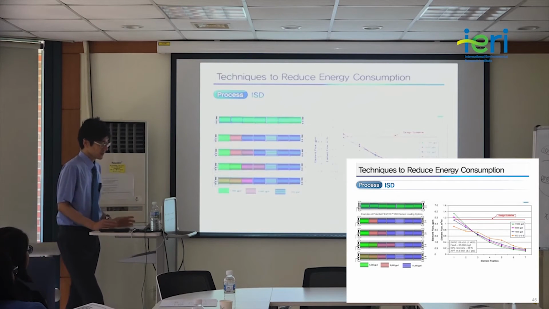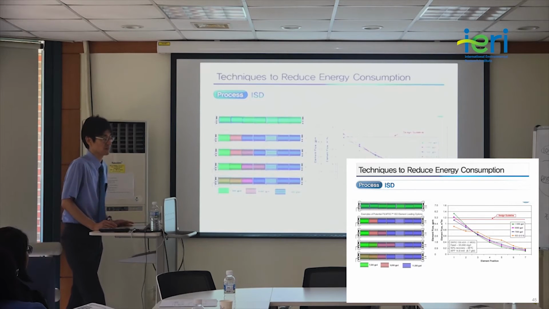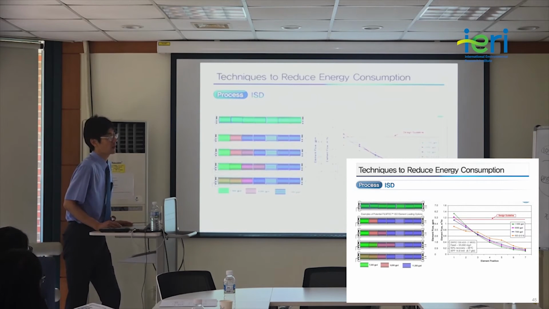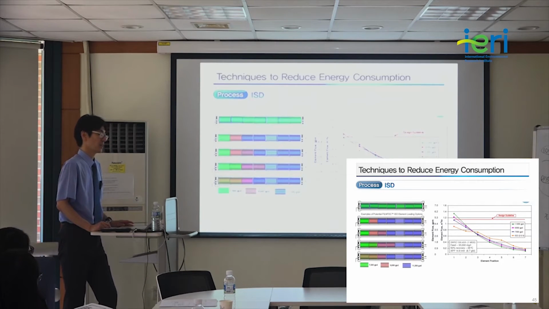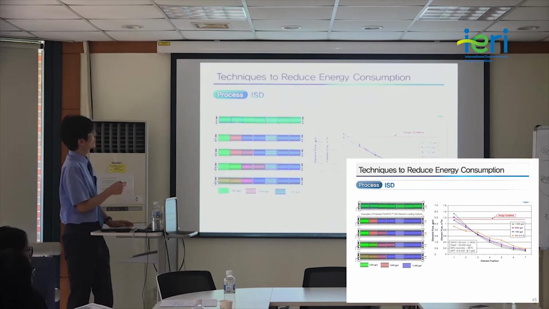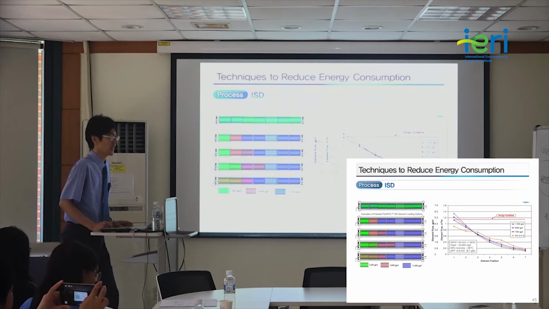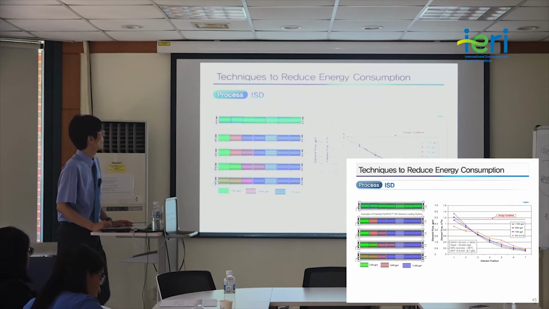And this is like the standard technique to improve the energy efficiency and decrease the specific energy consumption. And beyond them, there are new approaches to further reduce the energy consumption. For example, the ISD, internally staged design system.